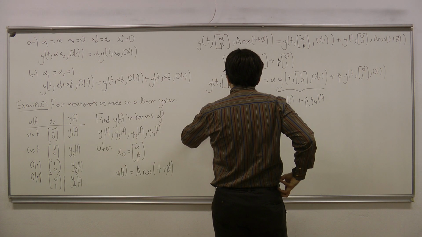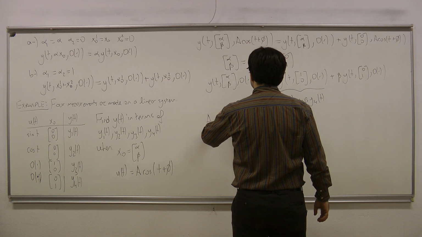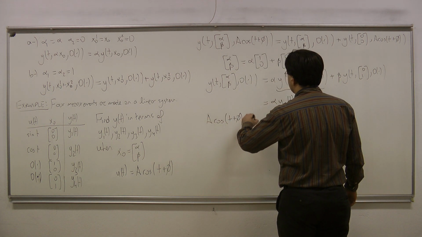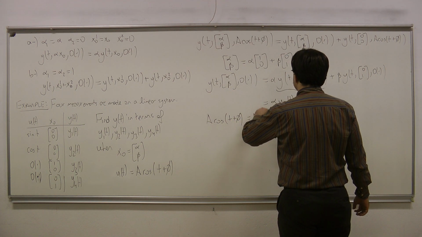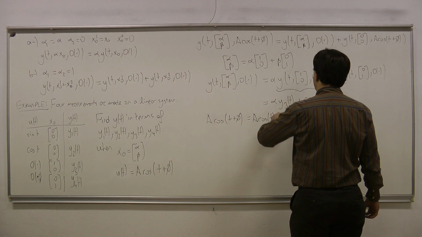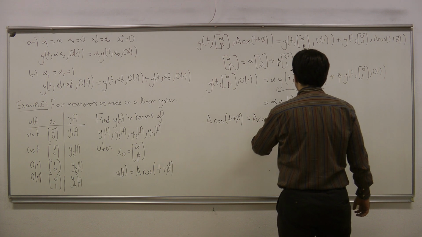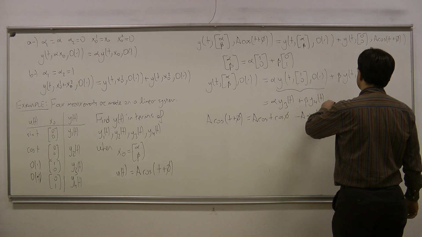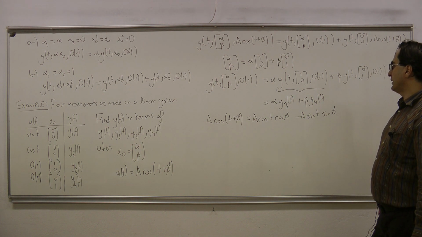So I have a cosine(t plus phi) is equal to a times cosine t times cosine phi minus a sine t sine phi. Okay?